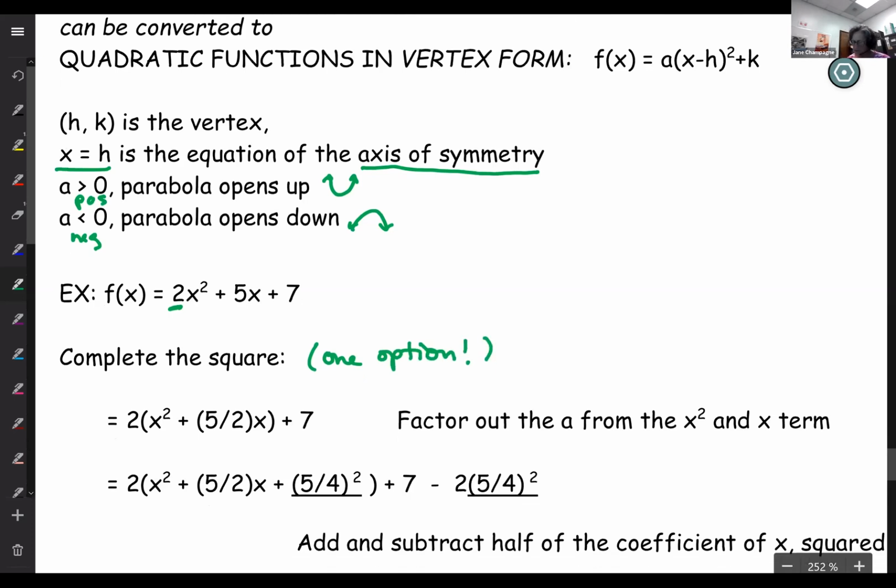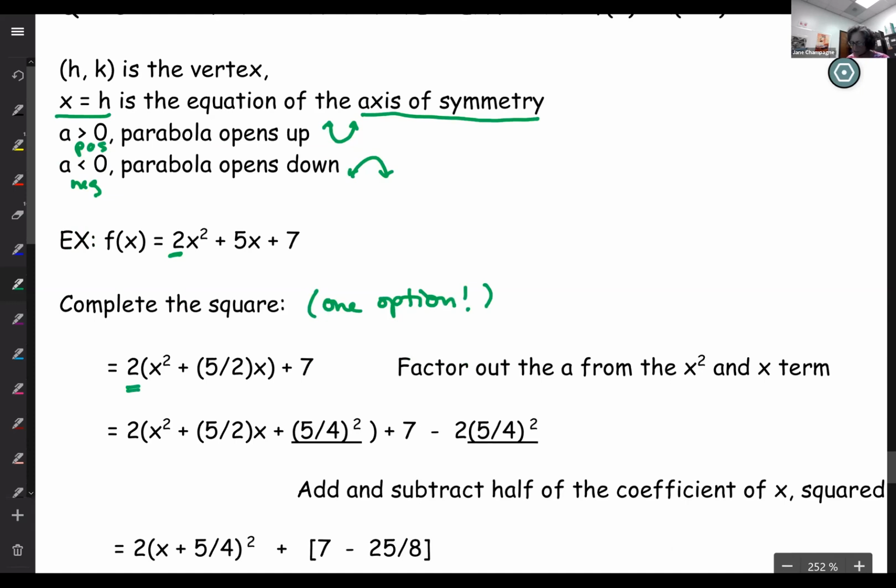So completing the square, you factor out the 2 from the x terms. Notice factoring out a 2 from the 2x squared leaves you with x squared. Factoring a 2 out of 5x, well, it doesn't factor out evenly, so you're left with 5/2 x. If you were to go back and distribute that 2, you'd end up with the 2x squared plus 5x again, wouldn't you?